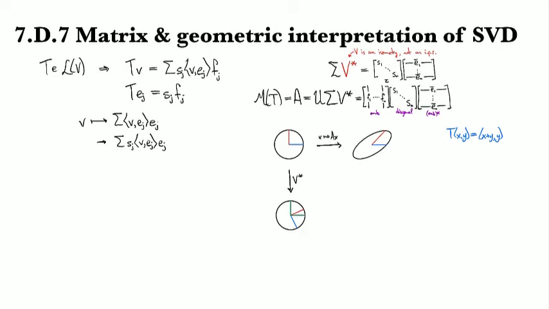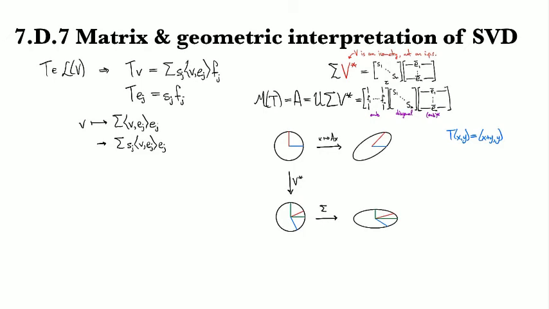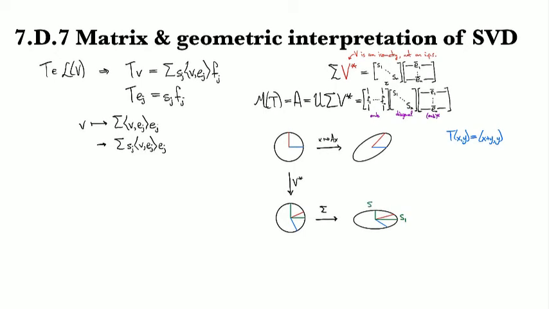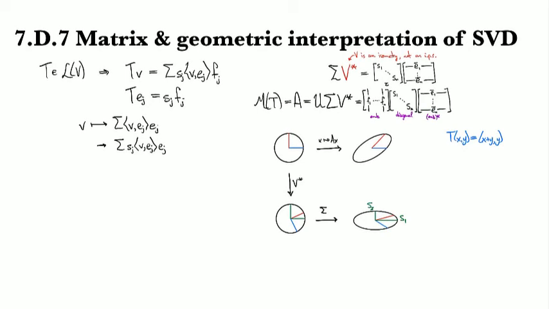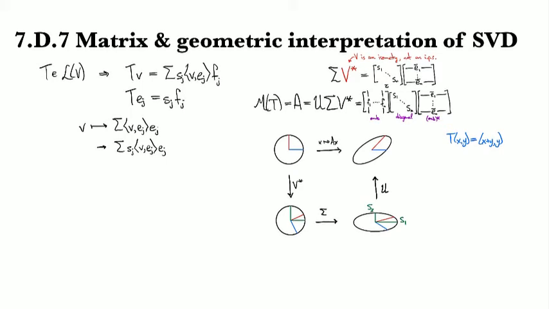And now we apply the singular value scaling. So it looks like this after we stretch. In the horizontal direction, we stretch by a factor of singular value 1, and in the vertical, we stretch by a factor of singular value 2. Okay. And then we are going to do another rotation by the other isometry, which is switching us back to our other orthonormal basis.